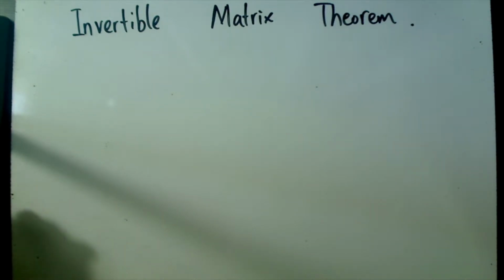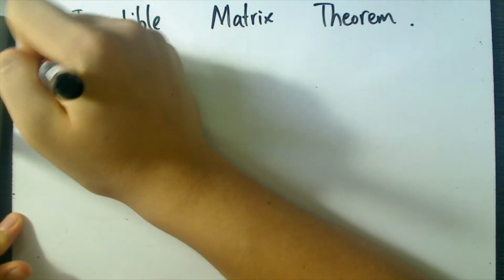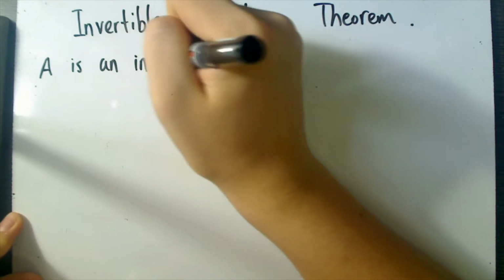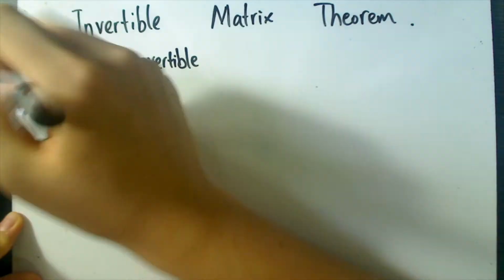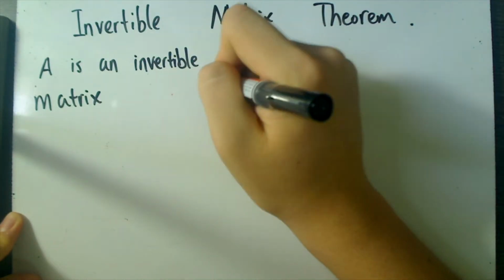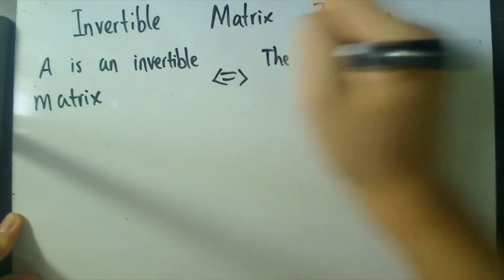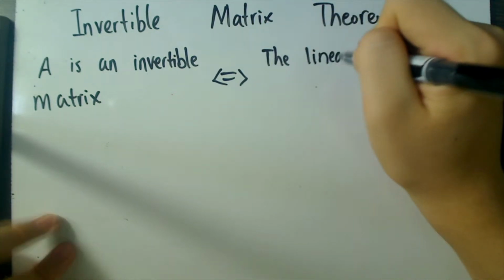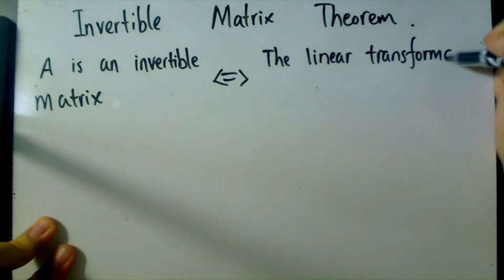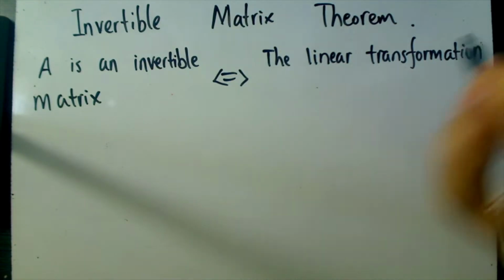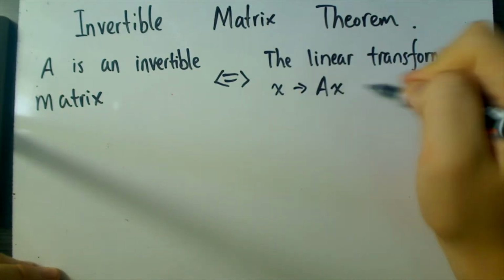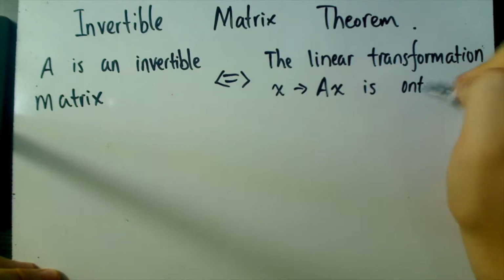A part of the theorem says that if A is an invertible matrix, then this is equivalent to the linear transformation that maps x to Ax being onto.